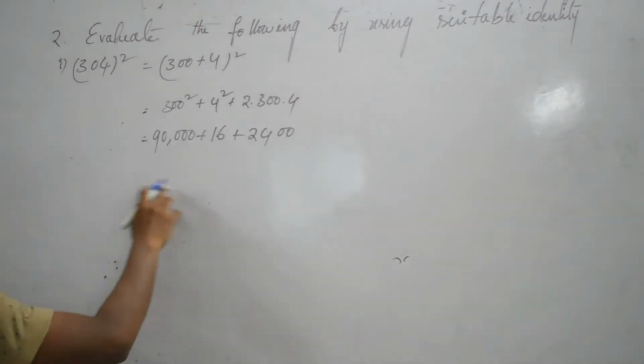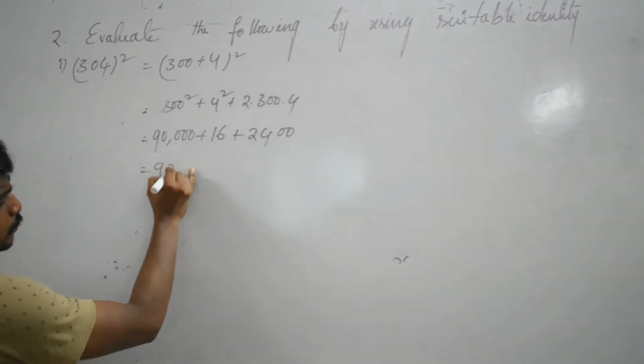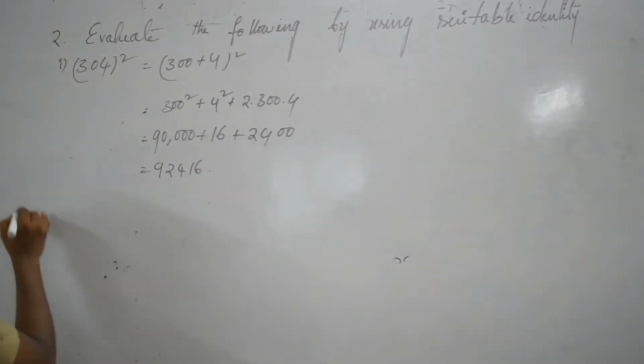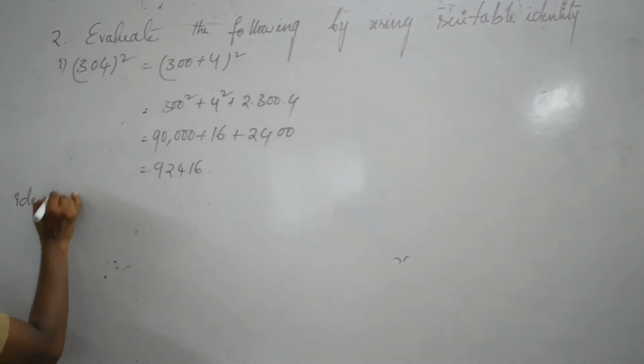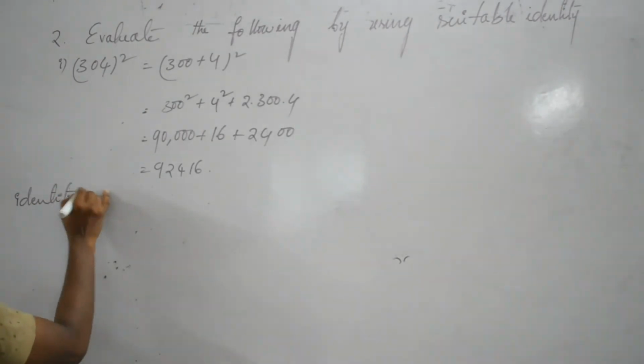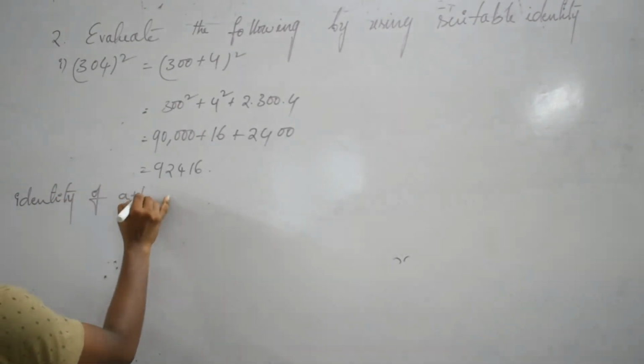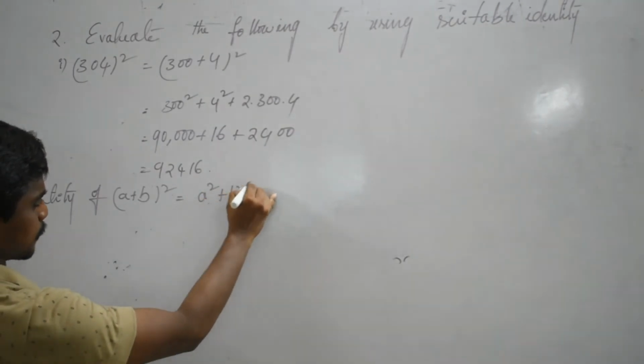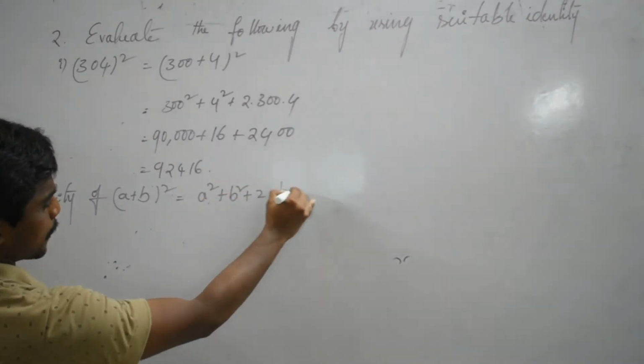Adding all these gives 92,416. So the identity of (a + b) whole square is a square plus b square plus 2ab.